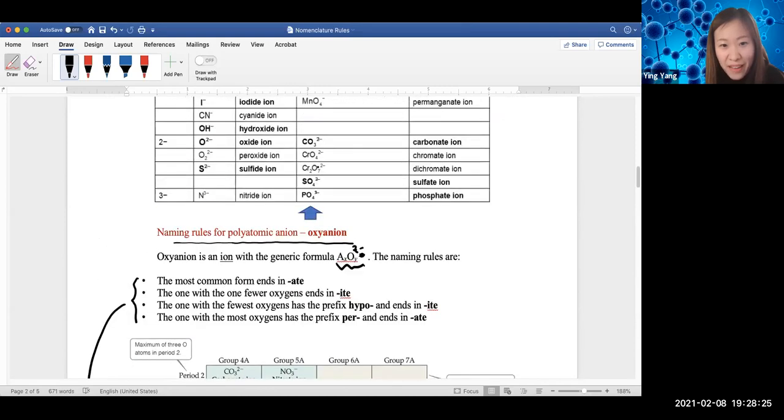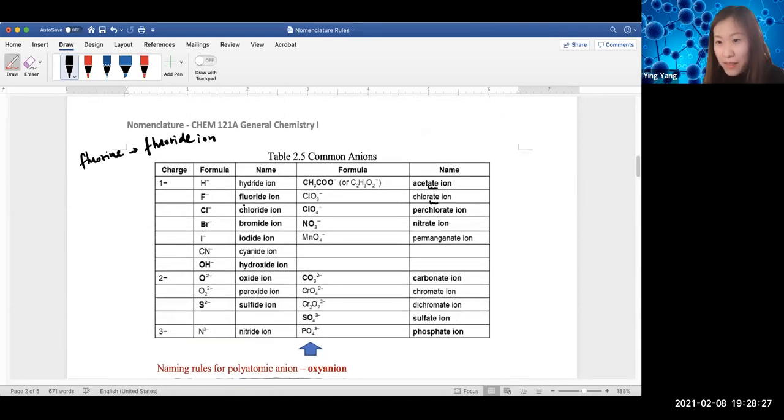All right, let's go back to this table. There are plenty of them that end in -ide, right? Mostly monatomic anions. For example, fluoride, chloride. And when they form an acid, because they carry one negative charge, they can combine with one proton to form an acid.